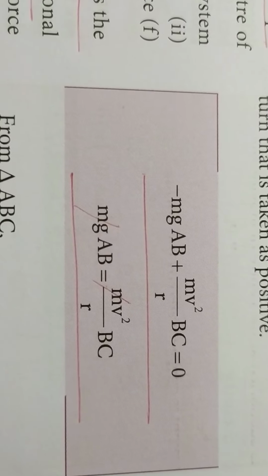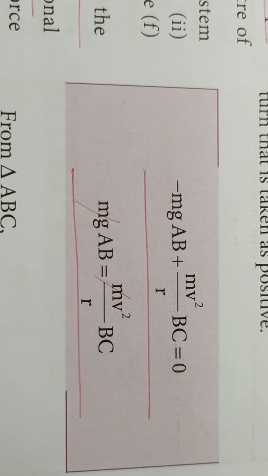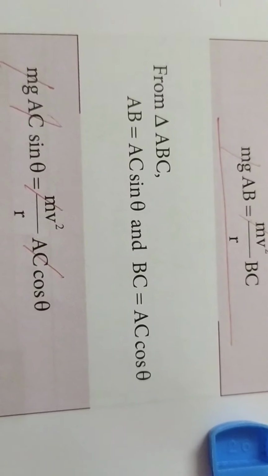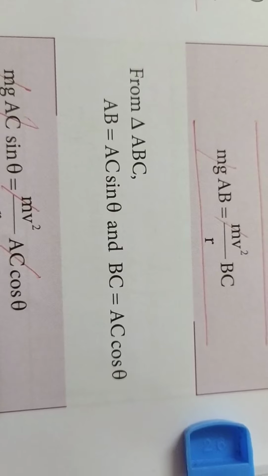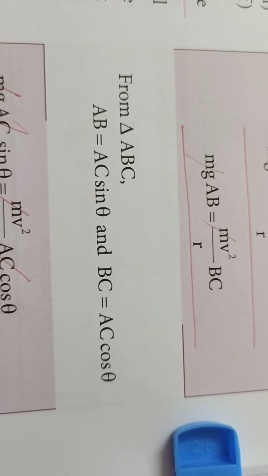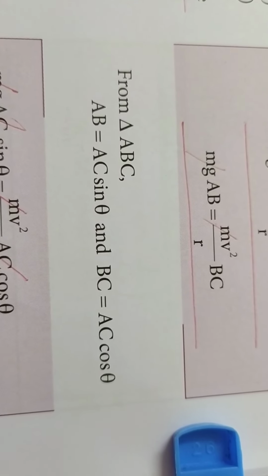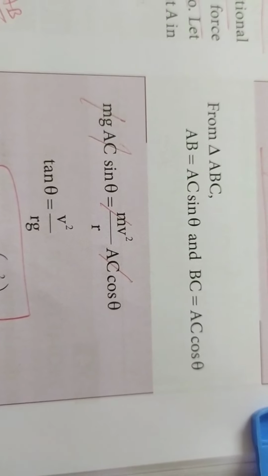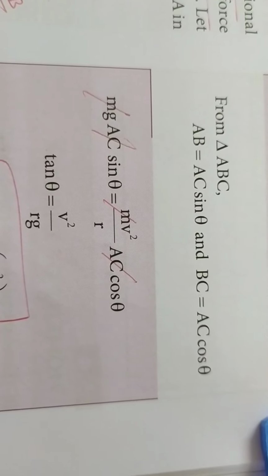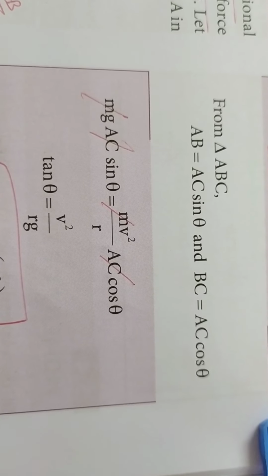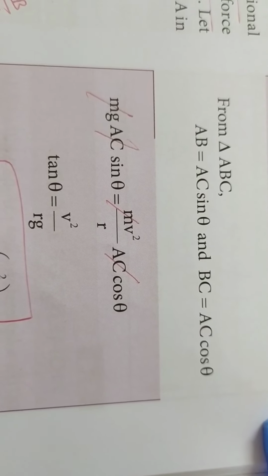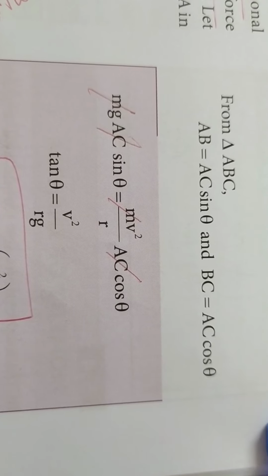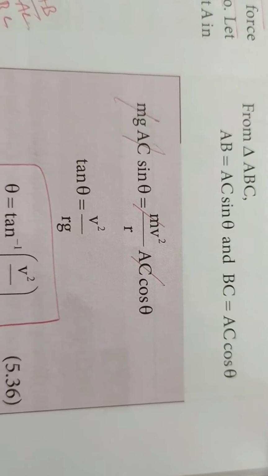So mg AB is equal to mv square by r into BC, and AB is equal to AC sin theta and BC is equal to AC cos theta. Substituting all those values, m and AC get cancelled, and so you will get tan theta is equal to v square by rg, since sin theta by cos theta is equal to tan theta.